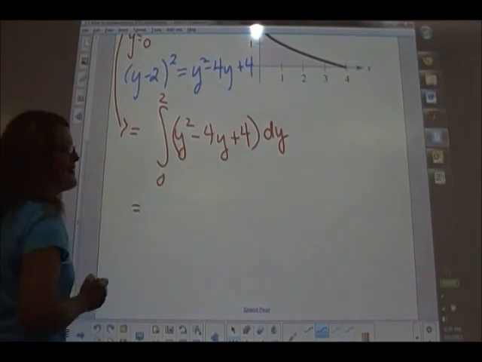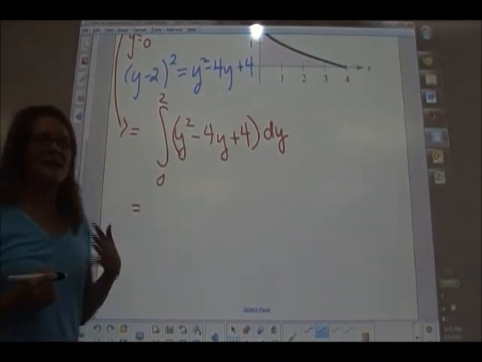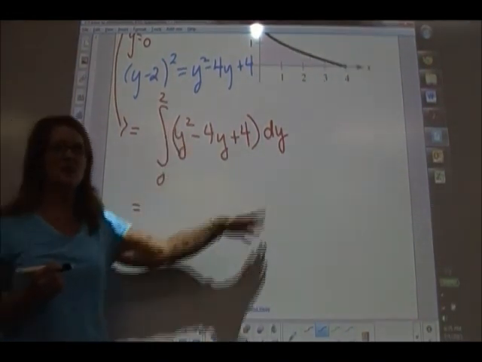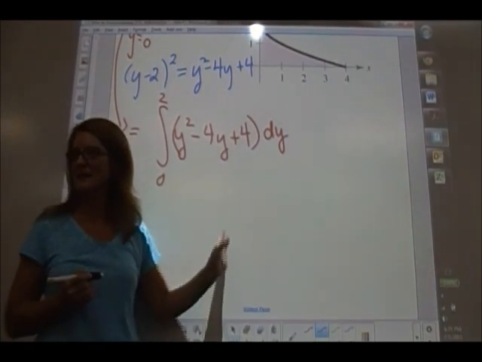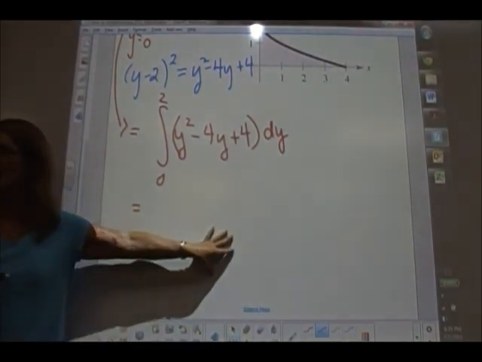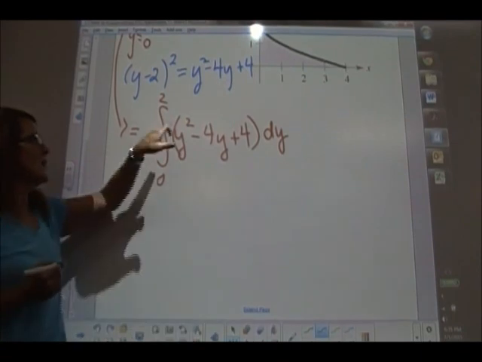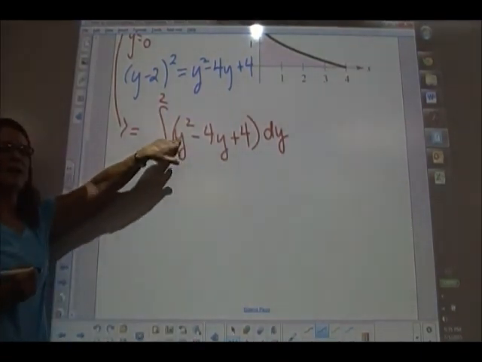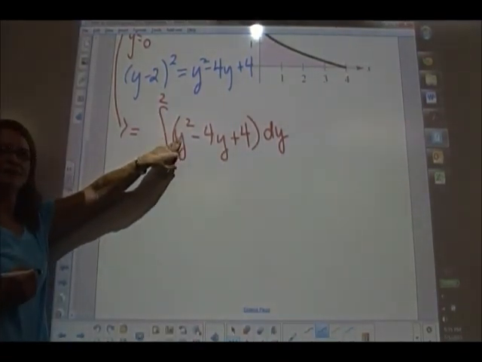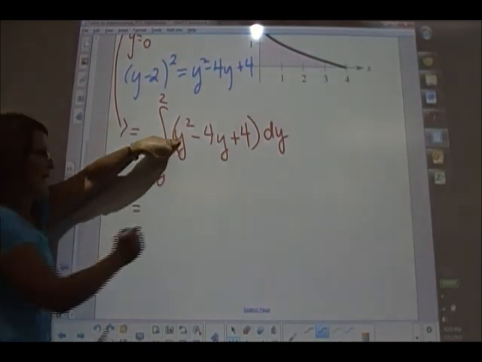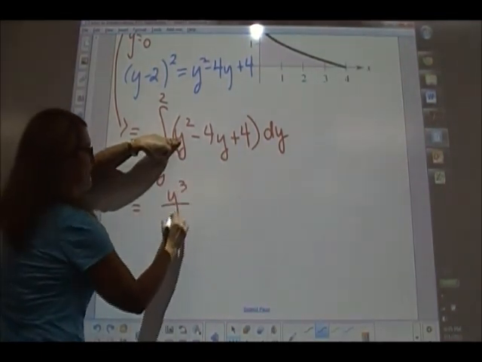Okay, I'm about to take the antiderivative. Do you need me at this point to split this up into its pieces with pluses and minuses? Can I skip that part now? So the antiderivative of y squared, are you good enough to tell me what it is? y cubed over 3.